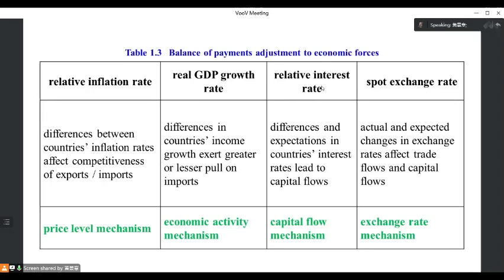This item, what's the meaning of relative interest rate? Relative interest rate means two countries' interest rates compared.